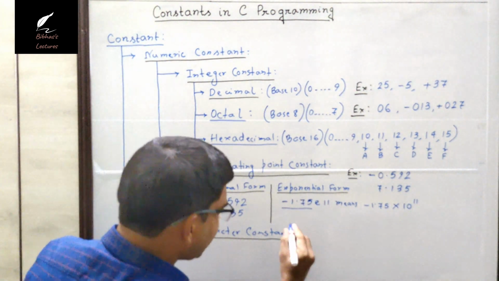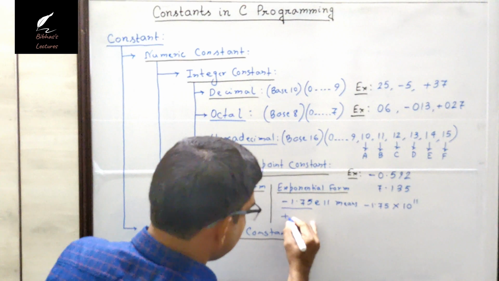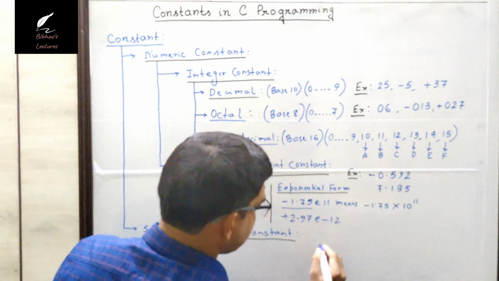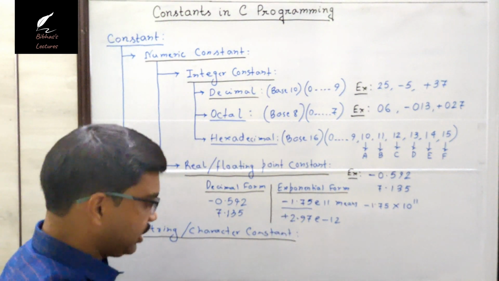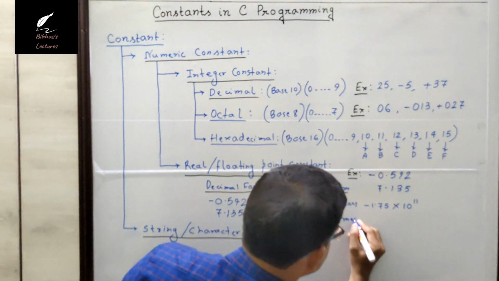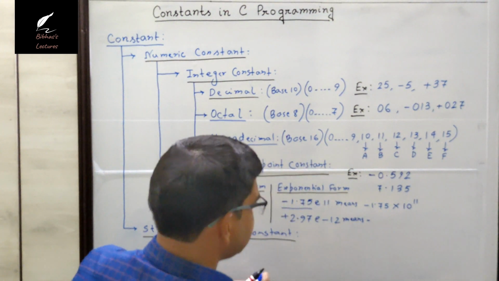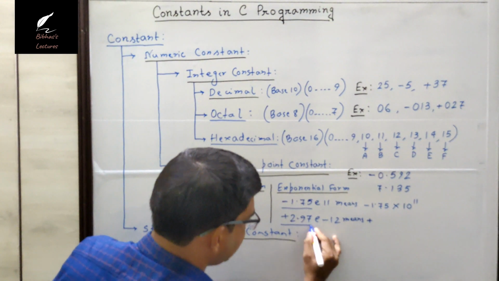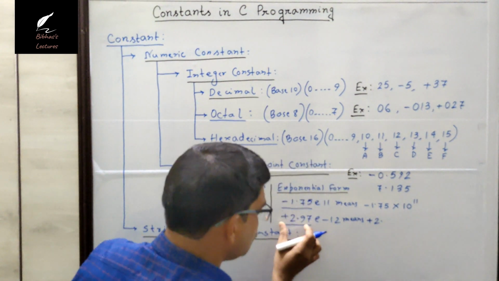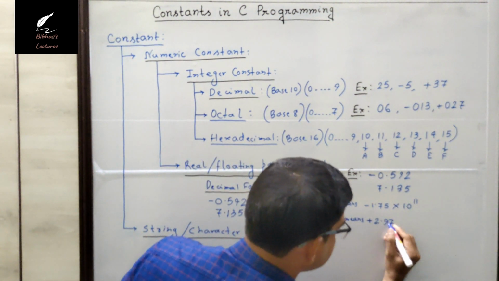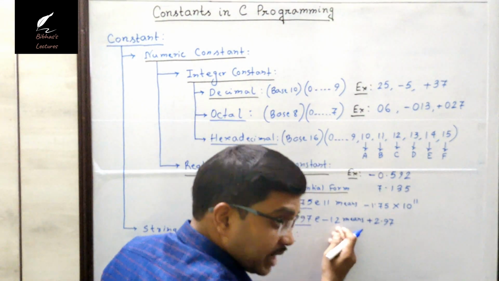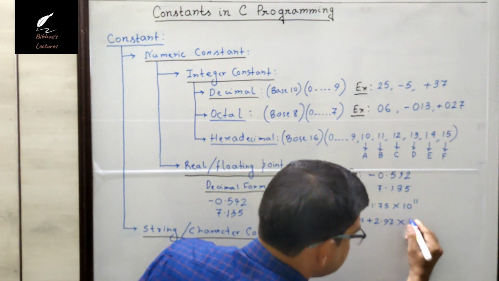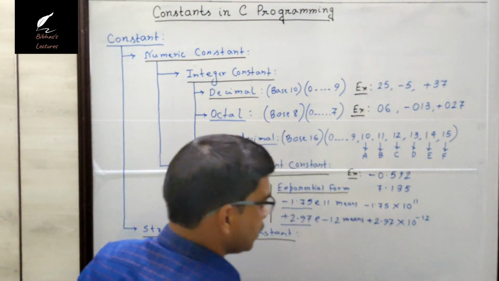Similarly, suppose another number is like that, plus 2.97 e minus 12. So another real number. It means that you take the first part, plus 2.97, and then e minus 12 means minus 12 will be the power of 10, so multiplied by 10 to the power minus 12.